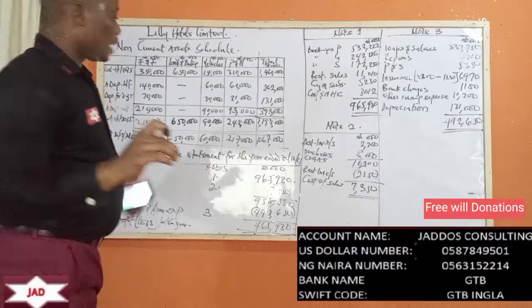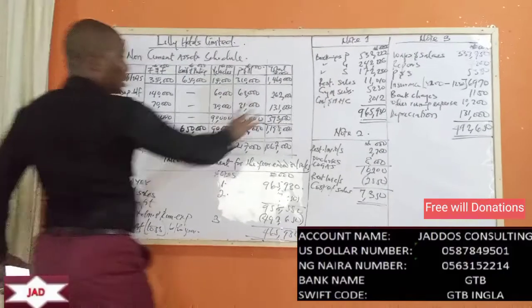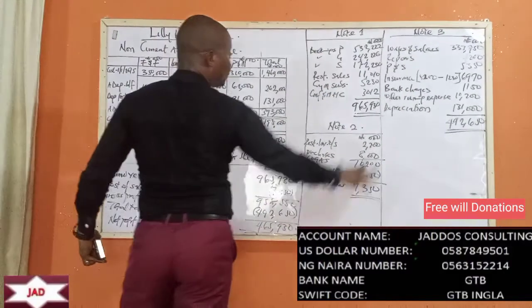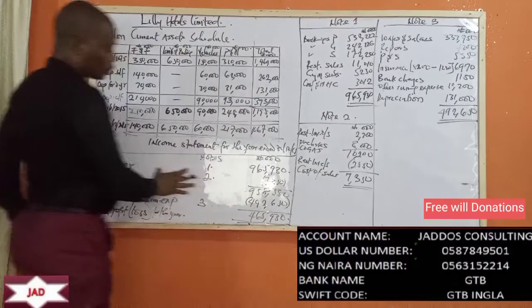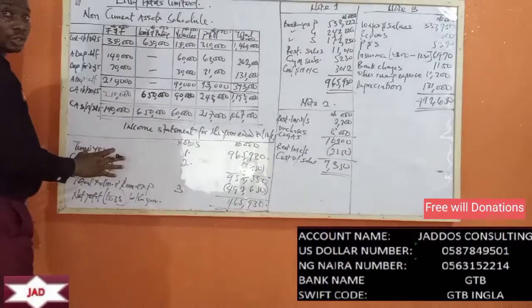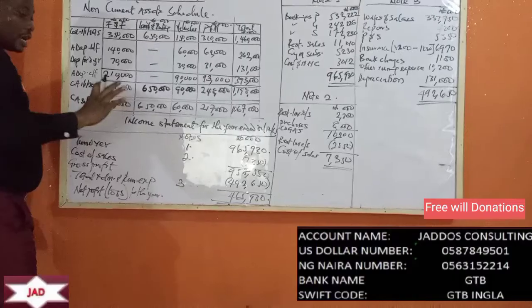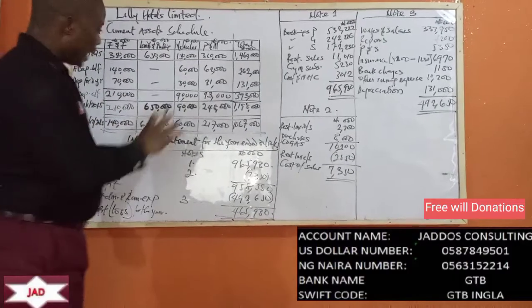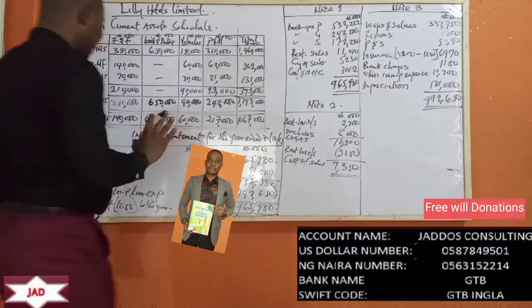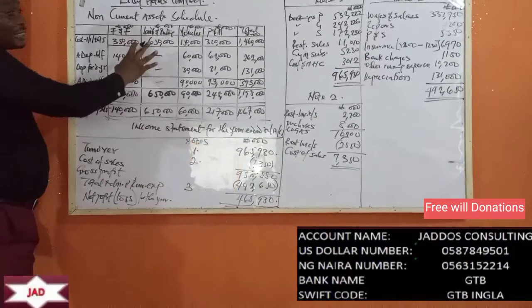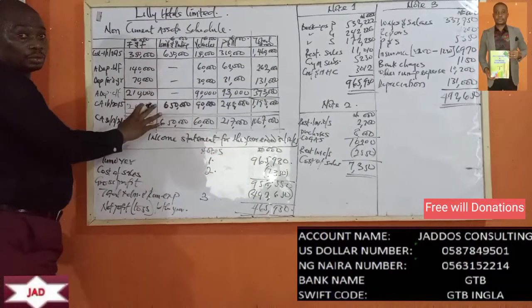And now we have the notes here that explain how each item was gotten. So this is basically explaining how these things have been prepared: income statements, non-current assets schedule.